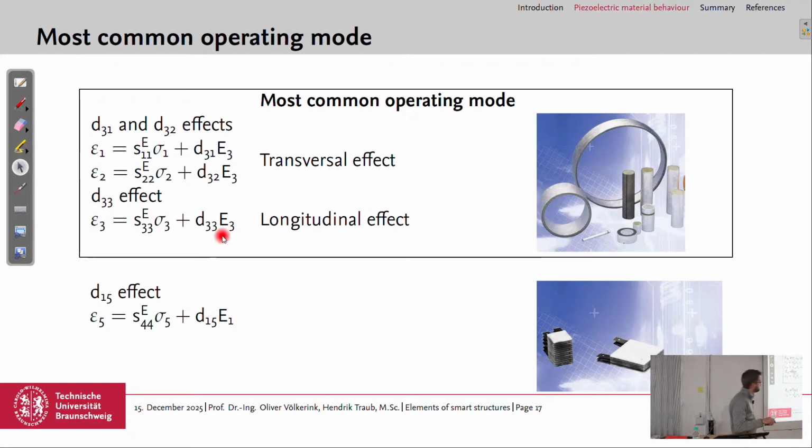And here are some examples of actuators shown in different shapes. And then, of course, we could also have the D15 effect. Here's a small mistake. This should be compliance S55 and not S44. But it's a similar equation as above, with the other directions. And these would be examples of actuators or transducers which use the shear effect.